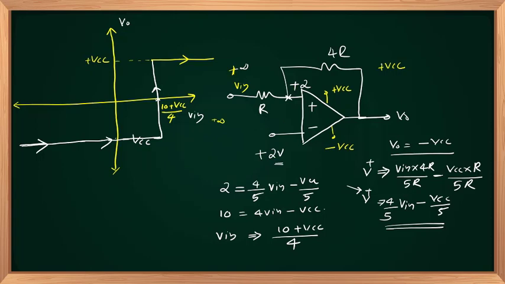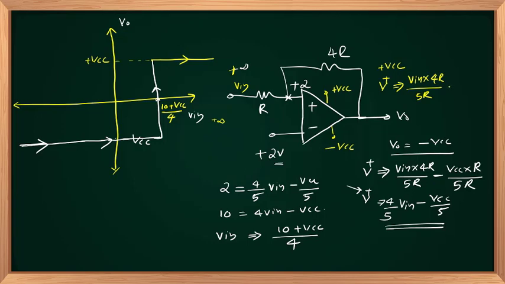So V out will be positive VCC. At which I will have a V plus equal to, the only change is that minus VCC will become plus VCC. So V plus will be V in, as earlier, times 4R upon 5R.